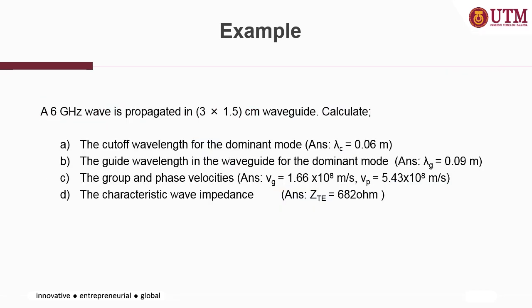Okay, let's look at the second example. A 6 gigahertz wave is propagated in a 3 times 1.5 cm waveguide, right? So calculate the following. Again, you have a rectangular waveguide with dimensions a equal to 3 cm and b equal to 1.5 cm as well.